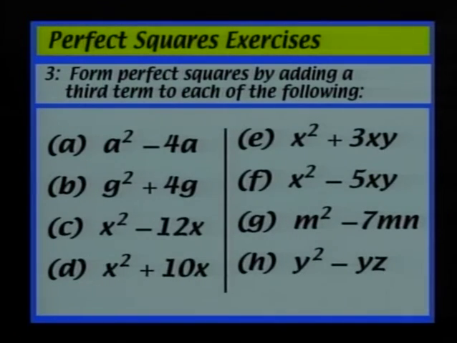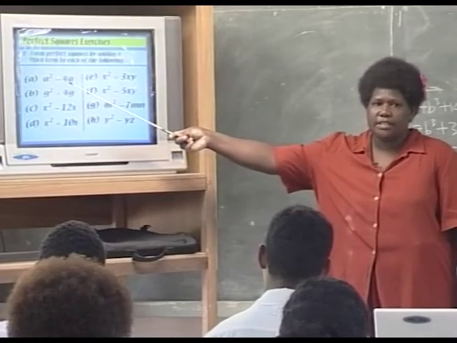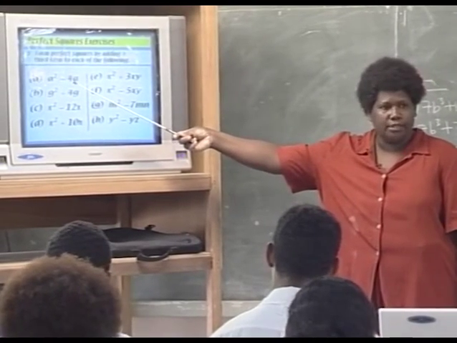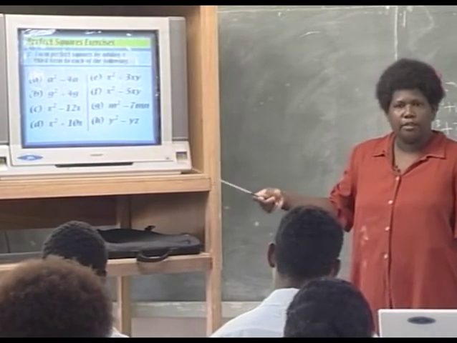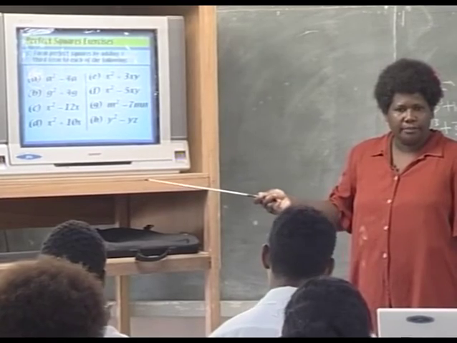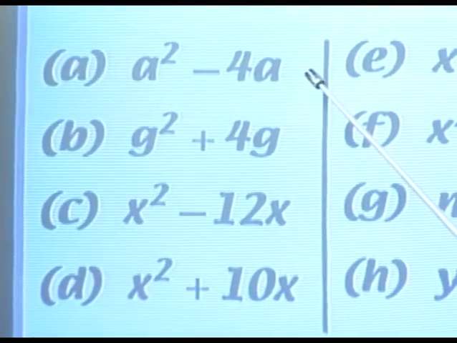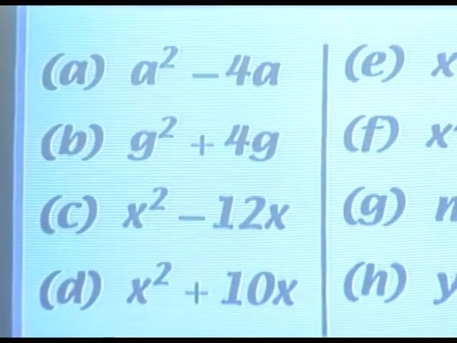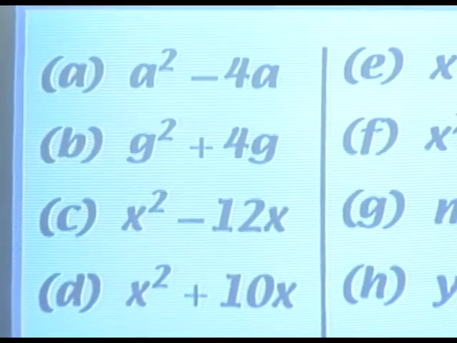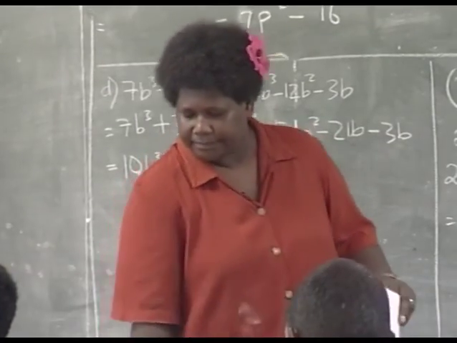So for the next number that you will add, minus 4, half of minus 4 is minus 2. Minus 2 squared will be 4. Clear? So the number that goes here will be positive 4. They'll always be positive numbers. Right? That's the first exercise.